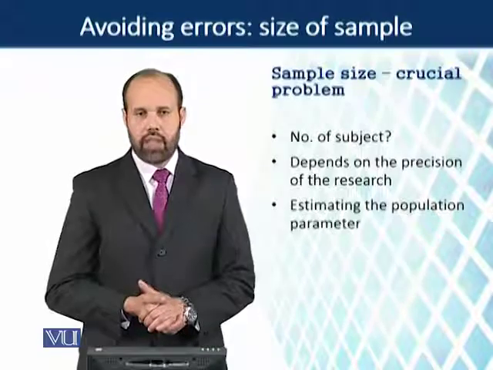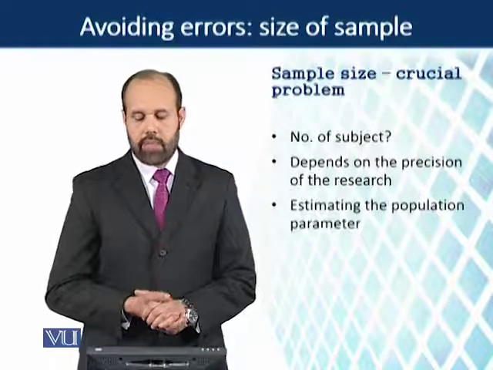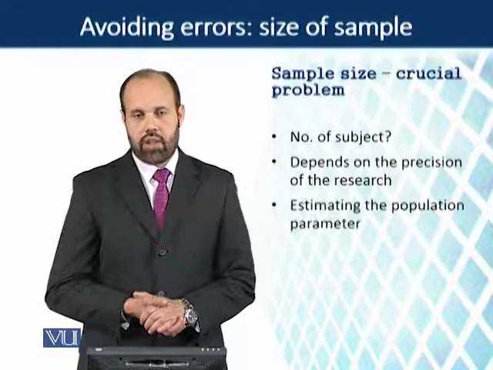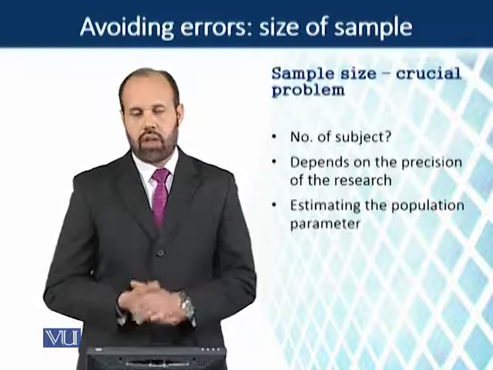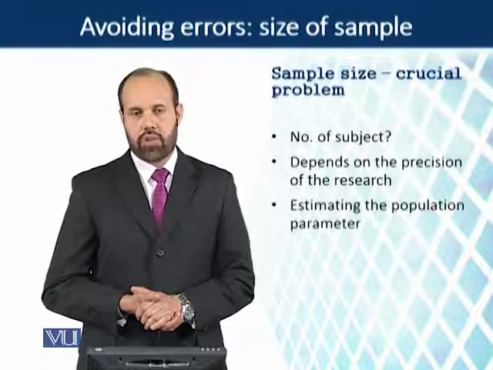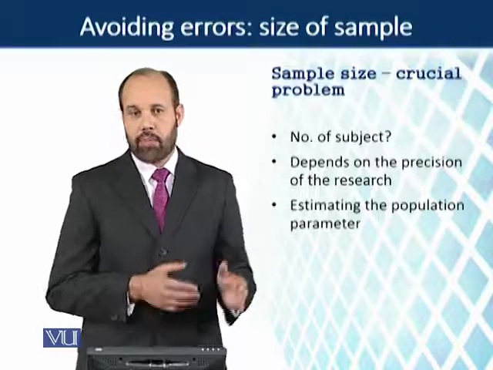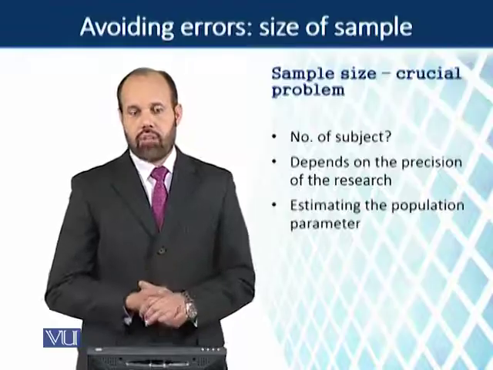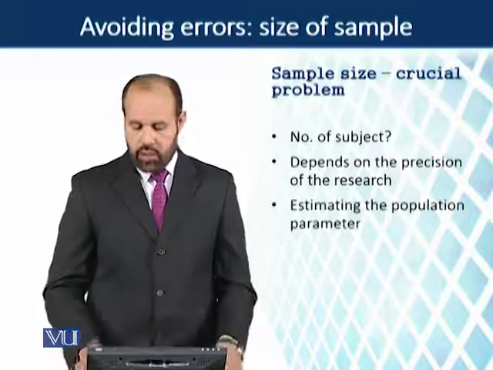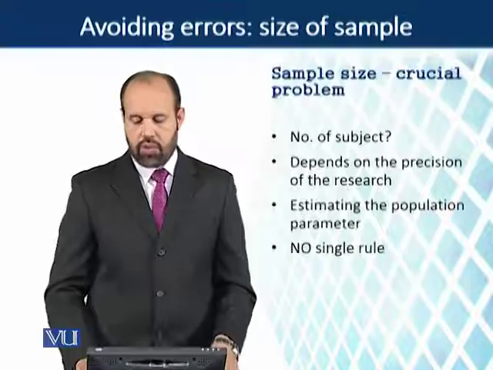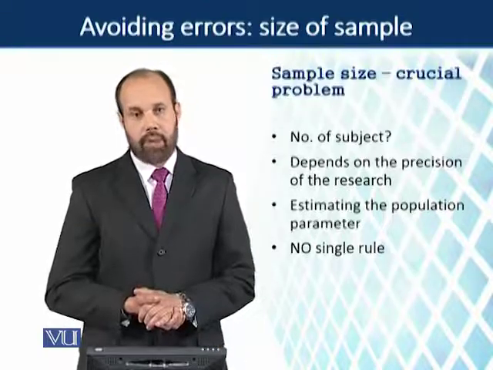We must also be estimating the population parameter, that is, what are those attributes, what are those features within the population which we are exploring in the samples, as we are drawing data from the sample, right? So we must be able to estimate that population parameter.